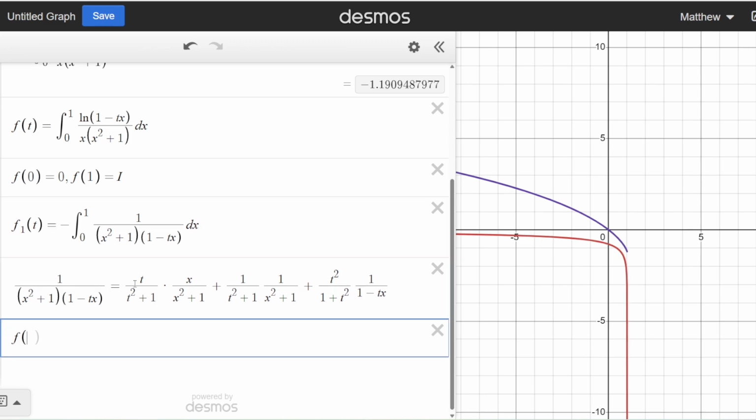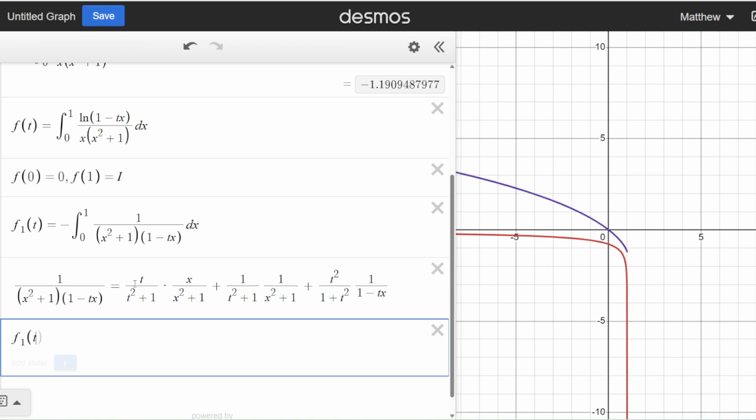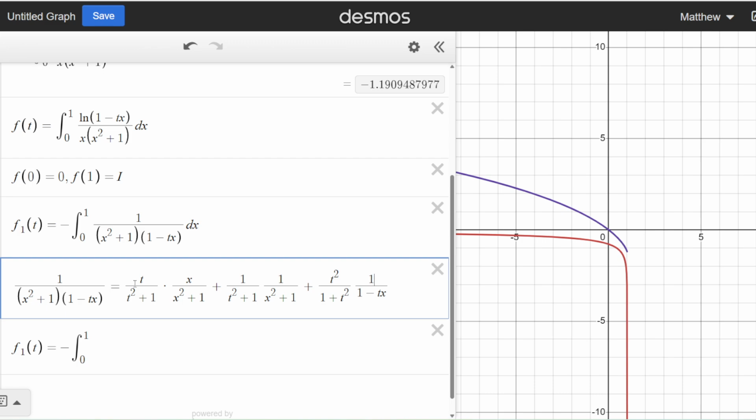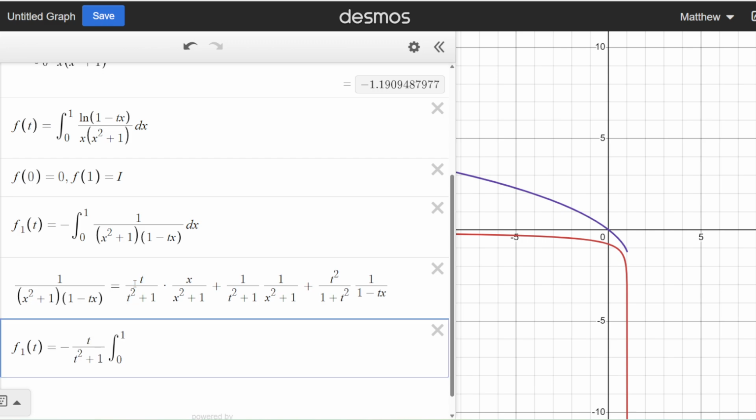So our f prime of t is now going to be equal to, let's see, negative integral 0 to 1 of our first term. But we can bring out this t over t squared plus 1, and then we'll just have x over x squared plus 1 dx. And right away, I'm just going to go ahead and put a 2 in front of there and bring a 1/2 outside. That way we'll have the derivative of our denominator in our numerator.